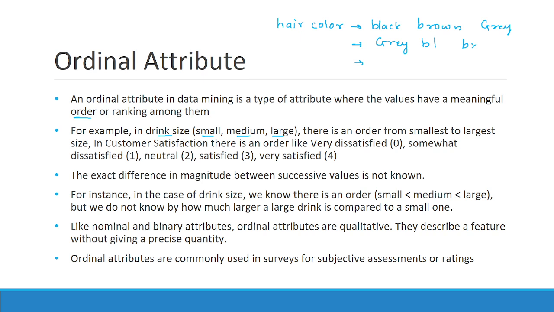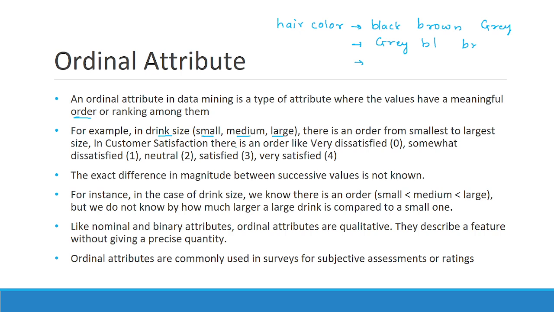But in ordinal attributes, these values will have a meaningful order, or there is a ranking among them. One more example given here is customer satisfaction.